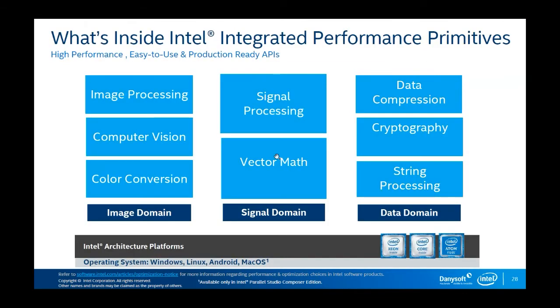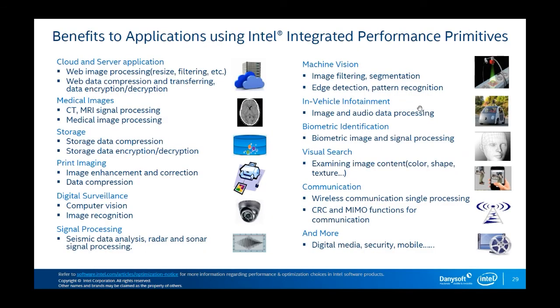I will more or less show that inside this library there are packages related to image processing, signal processing, vector operations, data compression and cryptography, and so on. We can find many use cases where great improvements can be seen using this IPP library.